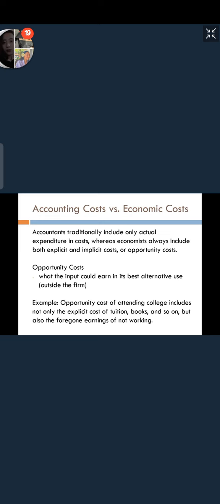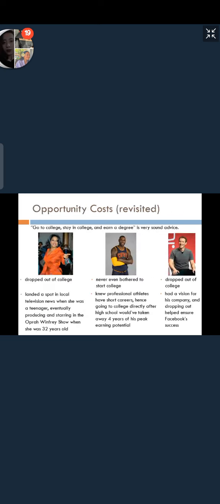Accountants traditionally include only actual expenditure in cost, whereas economists always include both explicit and implicit costs, or what we call opportunity cost. Here is an example, opportunity cost revisited. The very sound advice is to go to college, stay in college, and earn a degree. But for these three people, the opportunity cost of not going to college is this.